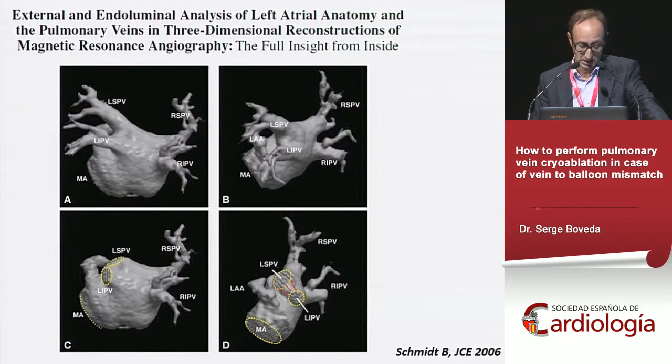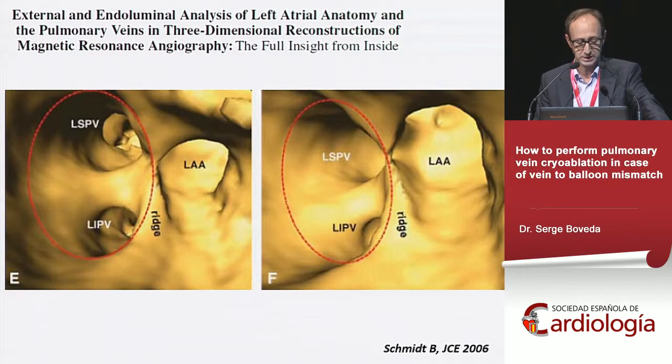We know that since the beginning, when we are looking at the pulmonary veins, each patient is different concerning the PVs. Every anatomy is different for every patient. And if we think that a normal distribution is 2 veins on the right and 2 veins on the left, more than 30% of the patients are not in this normal distribution in reality.